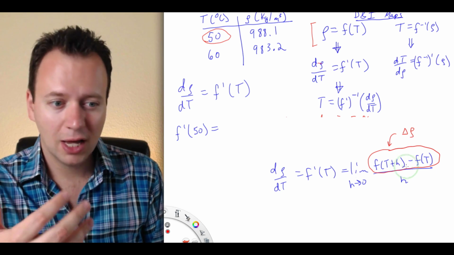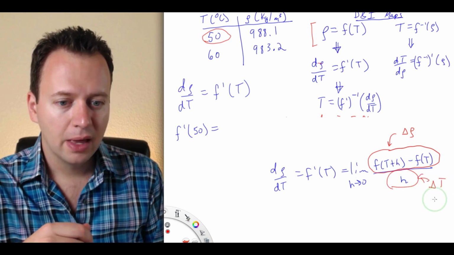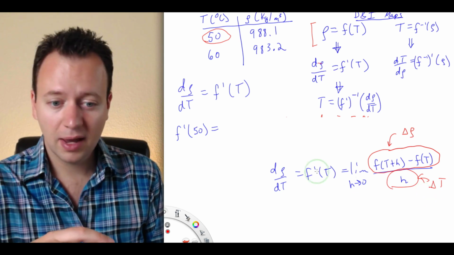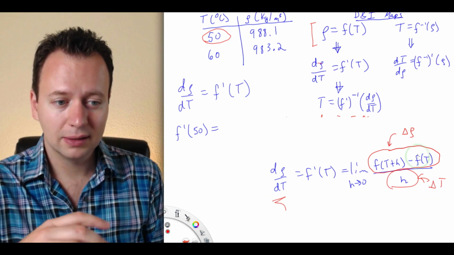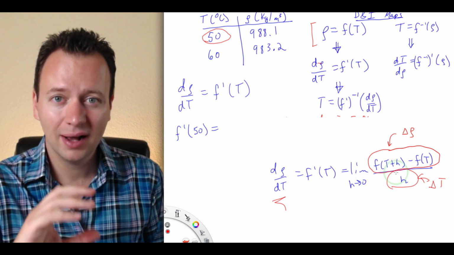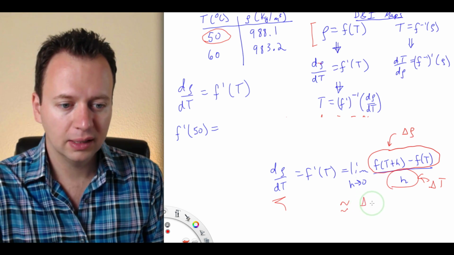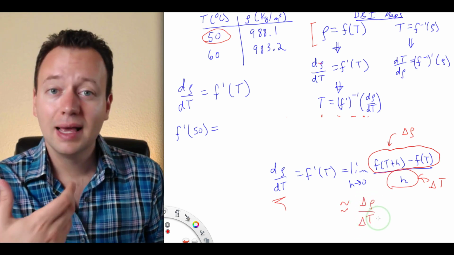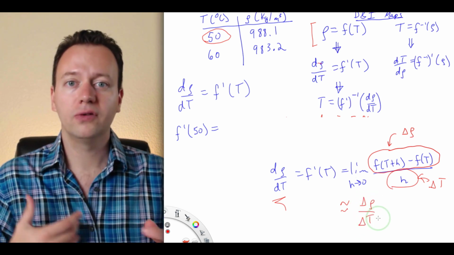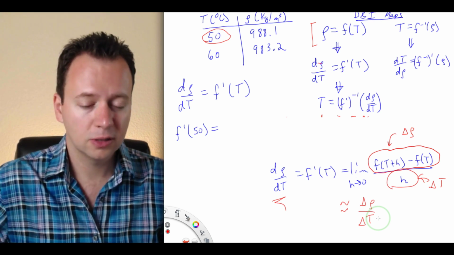So h is the change in temperature, so this h down here represents the delta T. Therefore, to approximate the derivative, which is this ratio in the limit as delta T goes to 0, we can say it's approximately delta rho over delta T, if delta T is small enough and if rho is changing slowly enough over that interval for this approximation to be valid.